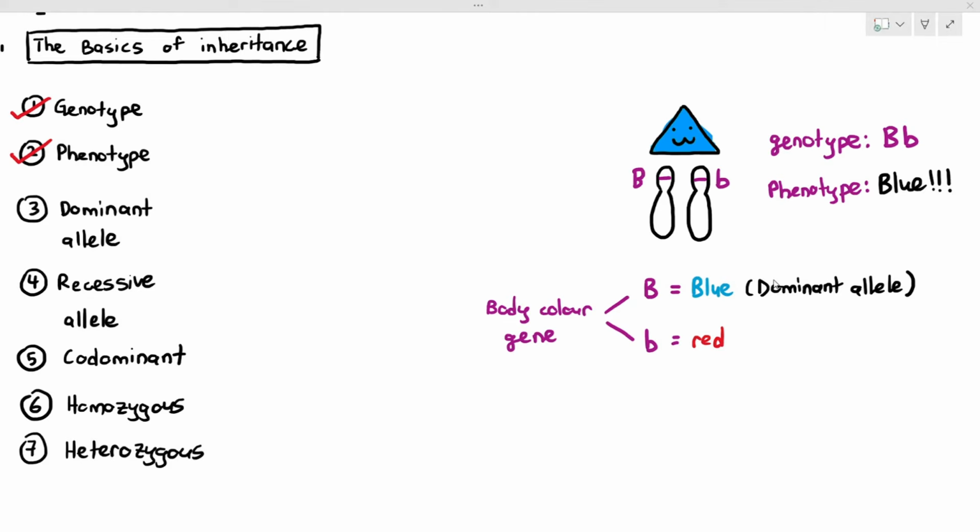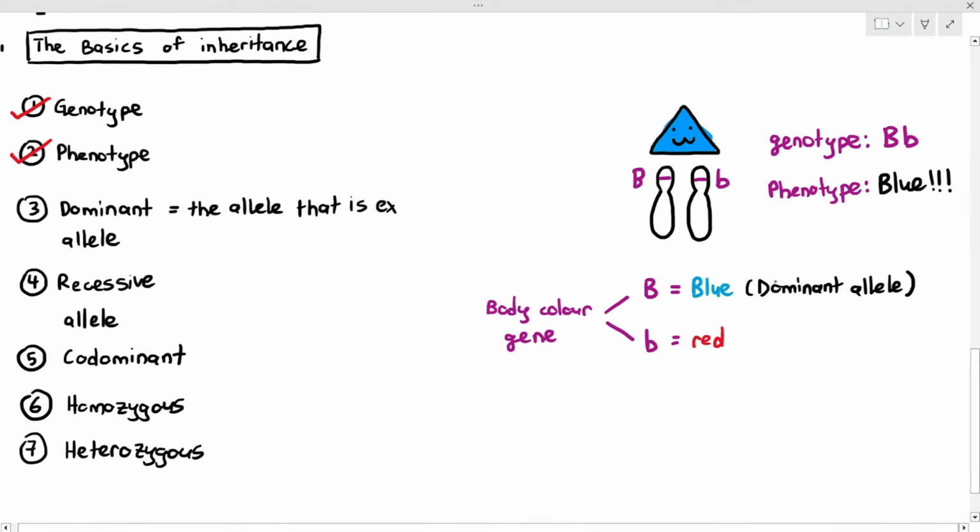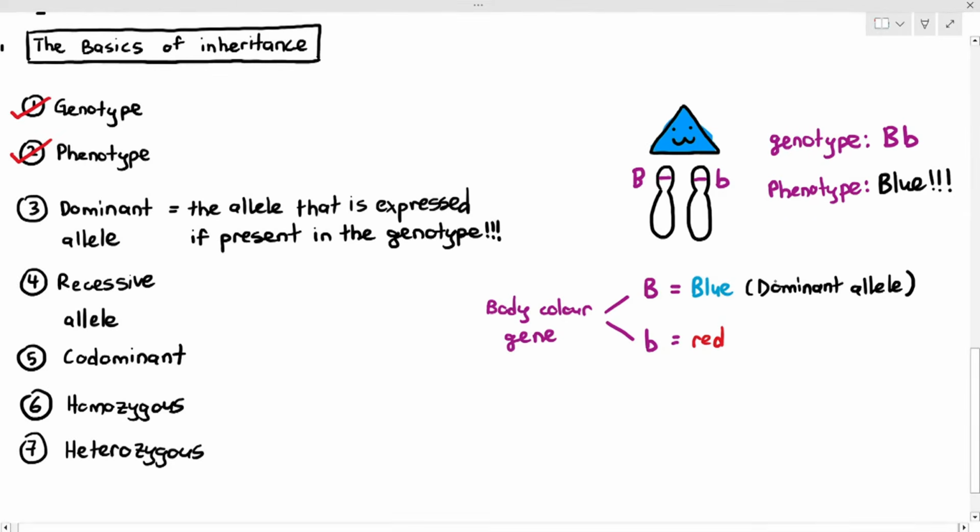So what does it mean by the dominant allele? The dominant allele means the allele that is always expressed if it's present in the genotype. So look at this organism. It has one large B allele and one small b allele. The large B allele is present. You can see it over there. Therefore, it is automatically expressed over the recessive allele.